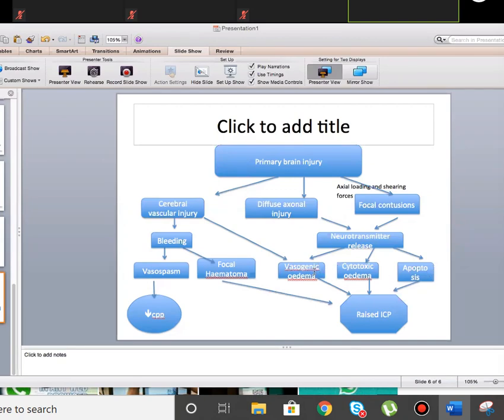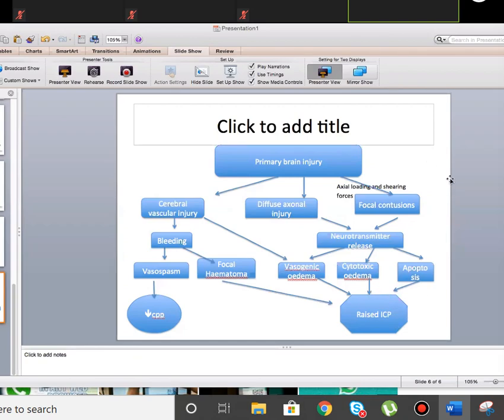One thing is vasogenic edema, other thing is cytotoxic edema, and other thing is apoptosis. Vasogenic edema is edema related to the vessels, and there will be leakage of contents from the blood vessels, and it will result in increase in ICP. Because of cell swelling, cytotoxic is related to cells, it will cause raised ICP, and apoptosis is cell death, which will also result in increased ICP.